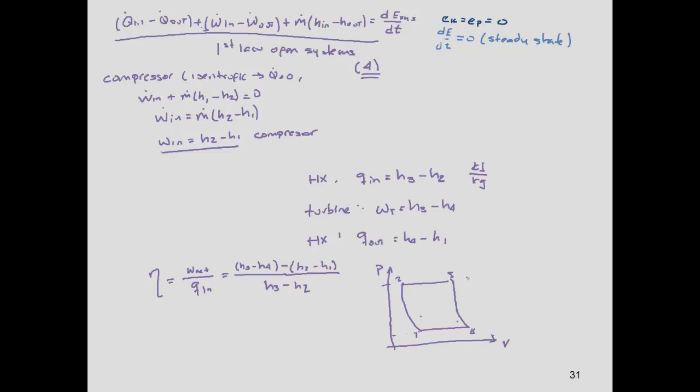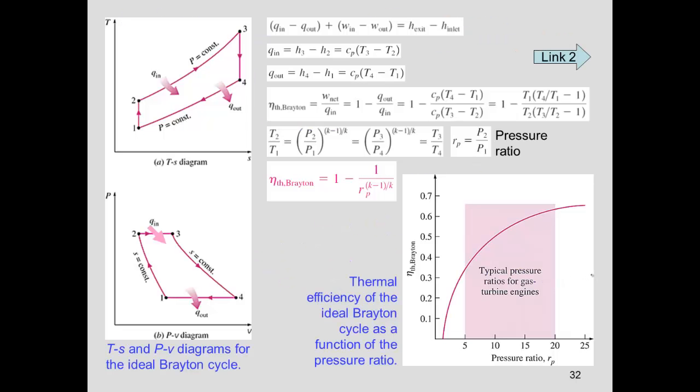So this ratio of P2 over P1, which will be the same as P3 over P4, we're going to call the pressure ratio. It's not compression ratio, it's pressure ratio, because it involves pressures.